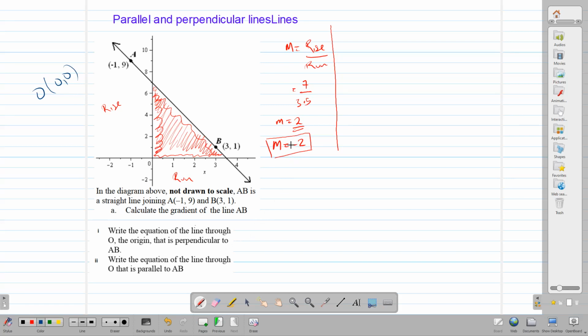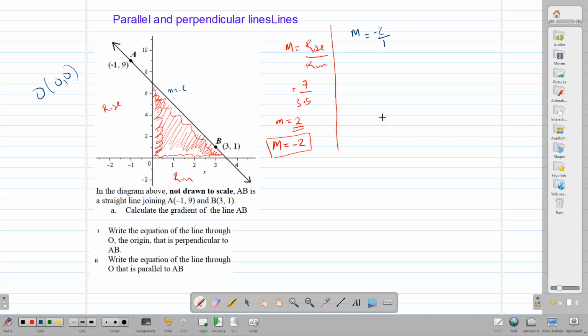For the gradient perpendicular to this line, the gradient of this line is negative 2. We want the gradient of any line perpendicular to it. So we're going to take our negative 2, which can be written as negative 2 over 1.